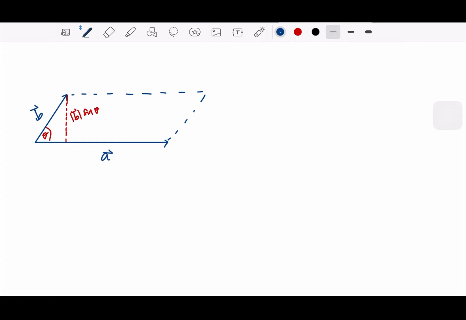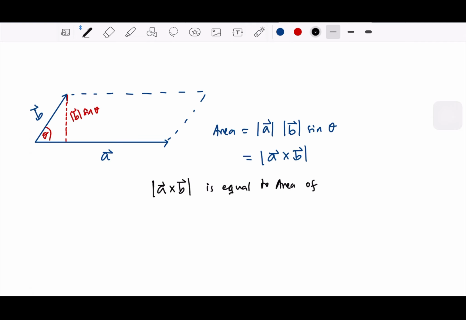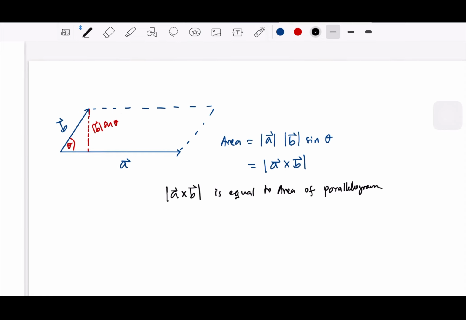So the area of a parallelogram we can write as the magnitude of A multiplied by B sine theta, and this is equal to the magnitude of A cross B. So the length of A cross B is equal to the area of the parallelogram.